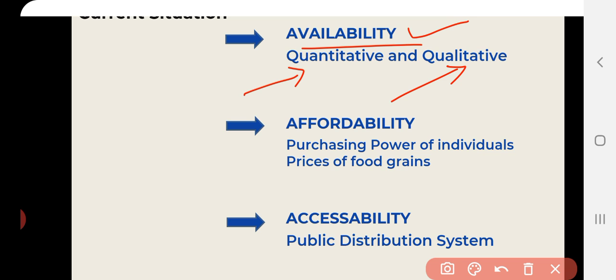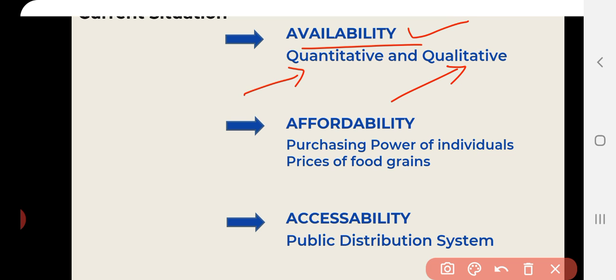Whether the quality of food is good enough to meet the dietary requirements of individuals, that we will see in this particular point on quality. So in this way, while discussing the availability, we consider quantity of food grains and quality of food grains.